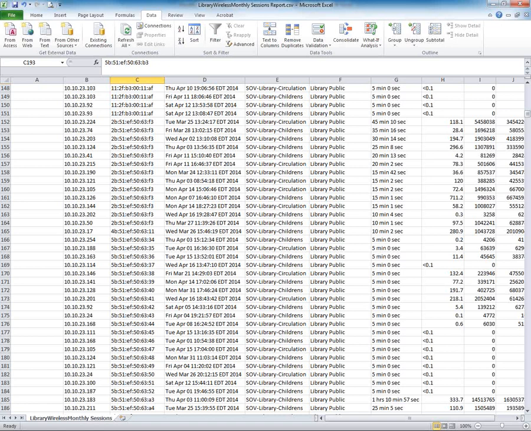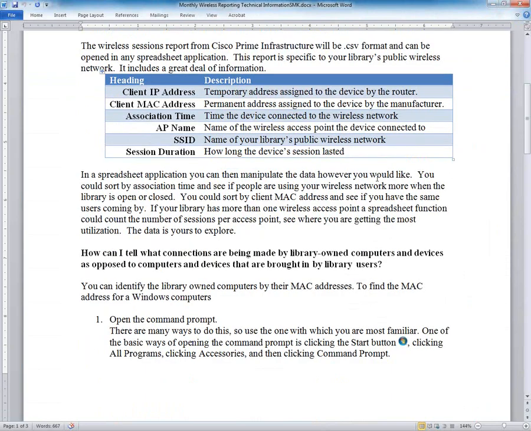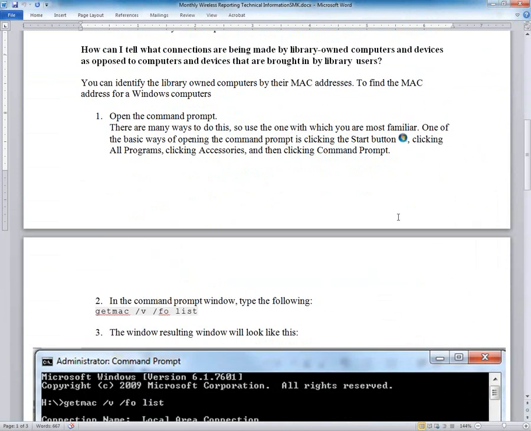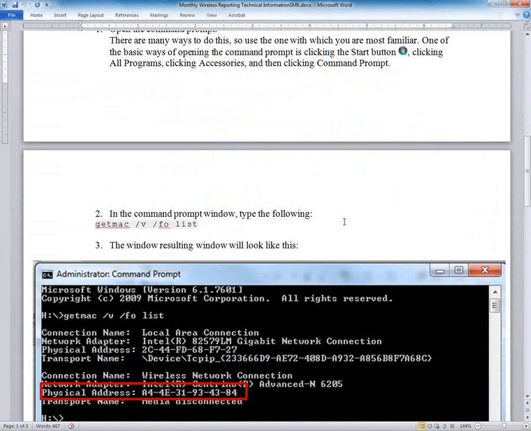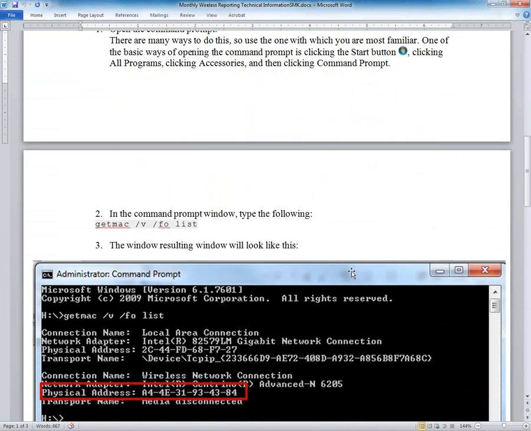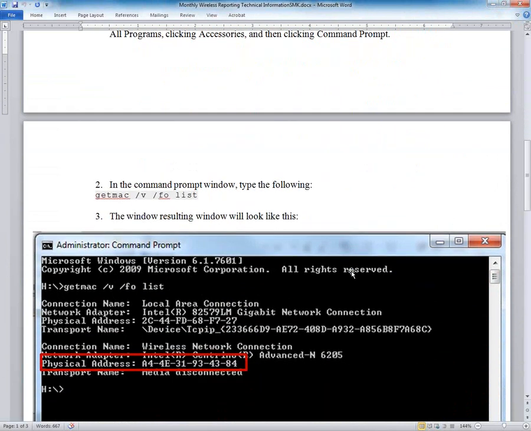So one of the things that I've put on the Word document that you have is information about how you can find out the MAC address of any one of your actual computers that are used on Wi-Fi, so that you can make sure to remove them from your statistics.